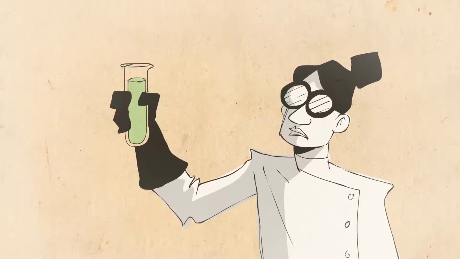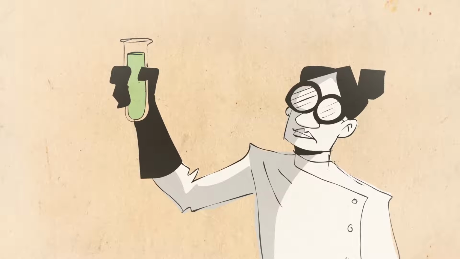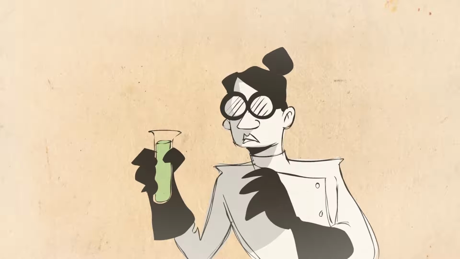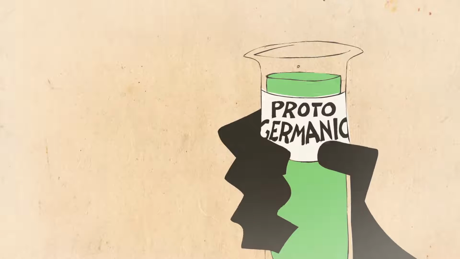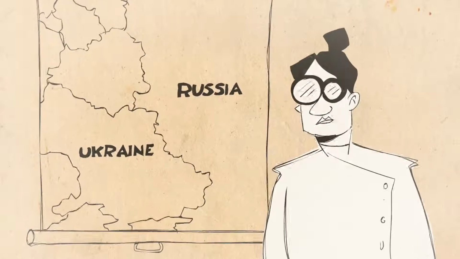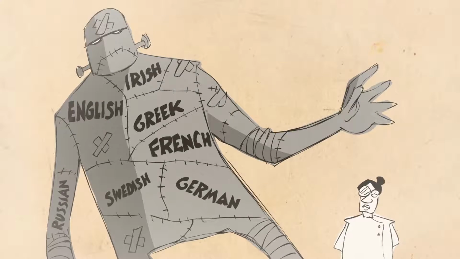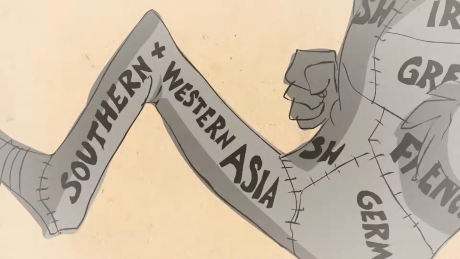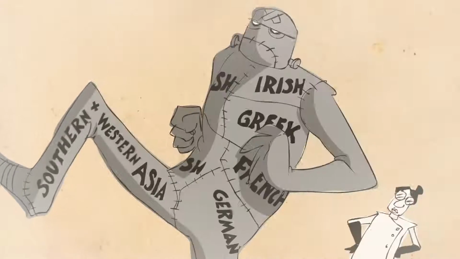We can even use the same process to go back one step further and trace the origins of Proto-Germanic to a language called Proto-Indo-European, spoken about 6,000 years ago on the Pontic Steppe in modern-day Ukraine and Russia. This is the reconstructed ancestor of the Indo-European family that includes nearly all languages historically spoken in Europe, as well as large parts of southern and western Asia.